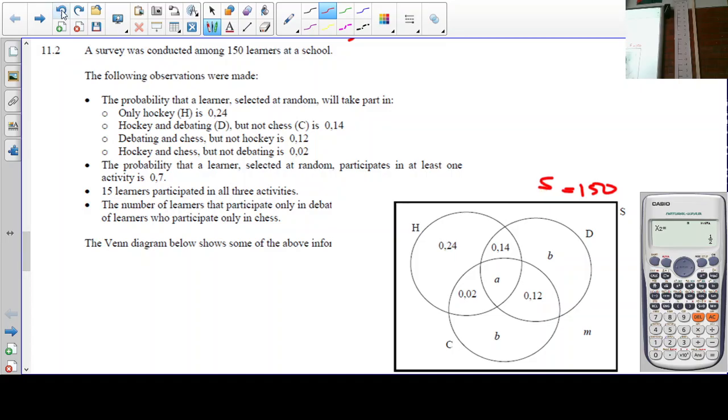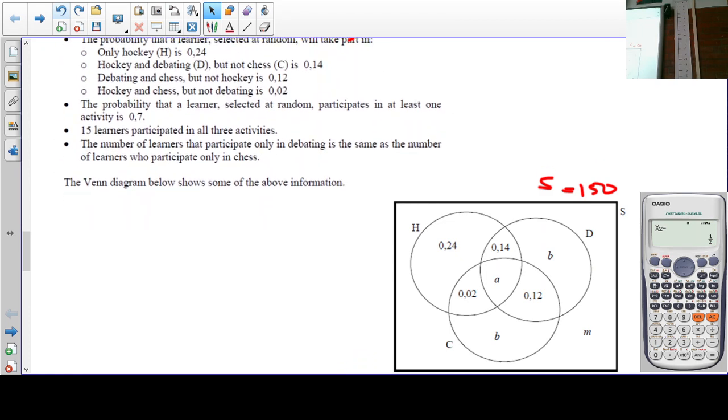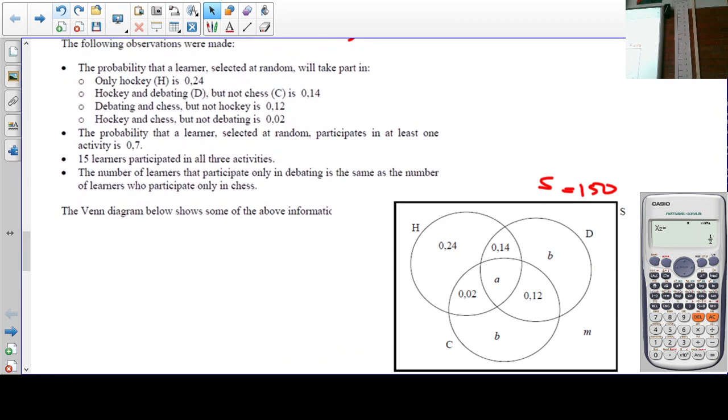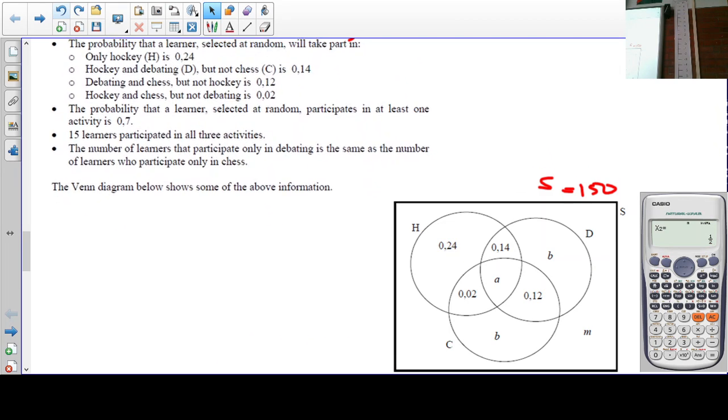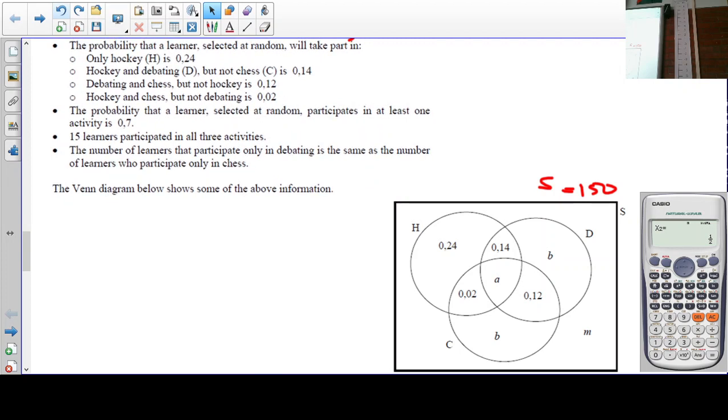Okay, the S is 150. The following observations were made. The first thing is the probability that the learner selected at random will take part in only hockey. Hockey only. So that explains why here is 0,024.